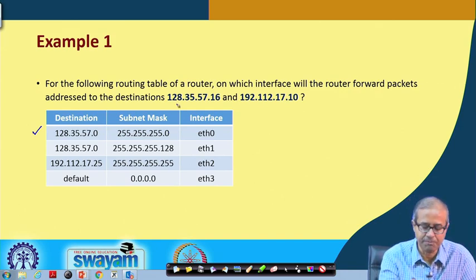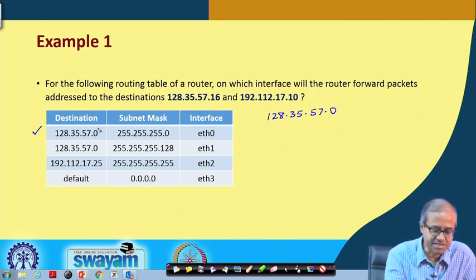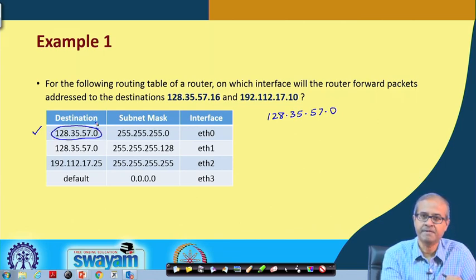If you do a bit by bit ANDing with this, you will simply get 128.35.57, and the last 8 bits will become 0, because you are ANDing with 8 zeros at the end. Now, if we compare this with the destination address here, you see that there is a match. This is exactly the same as this.